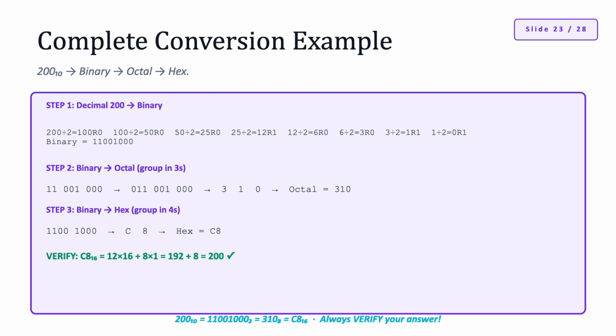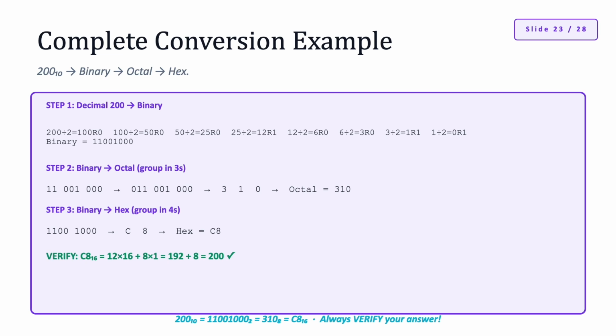Binary to octal: 011001000 equals 310 octal. Binary to hexadecimal: 11001000 equals C8 hex.